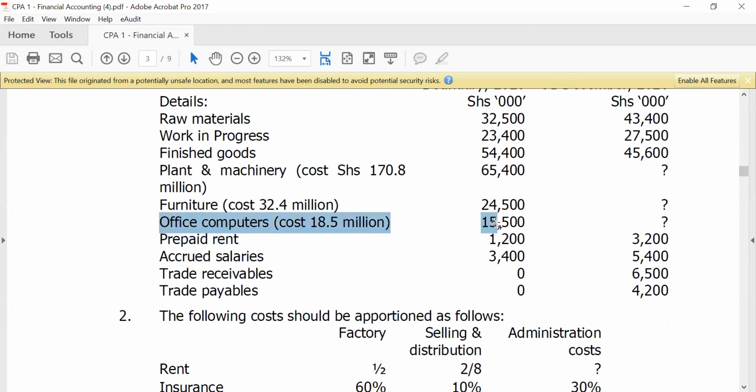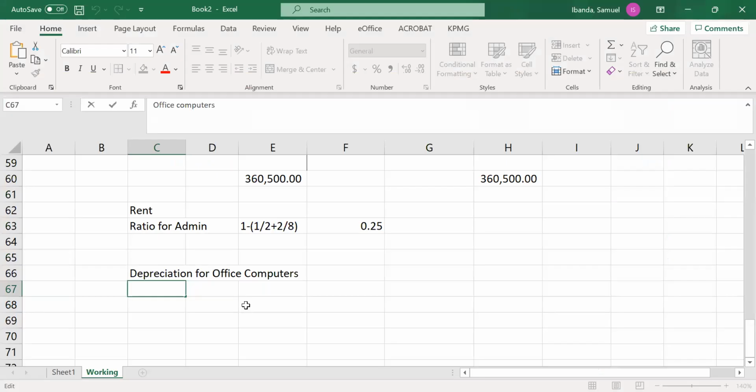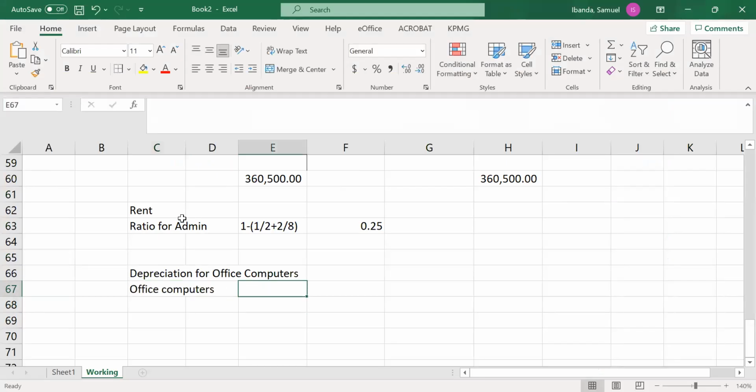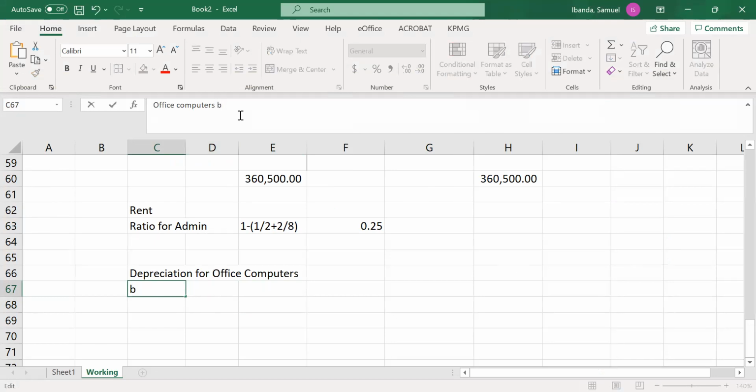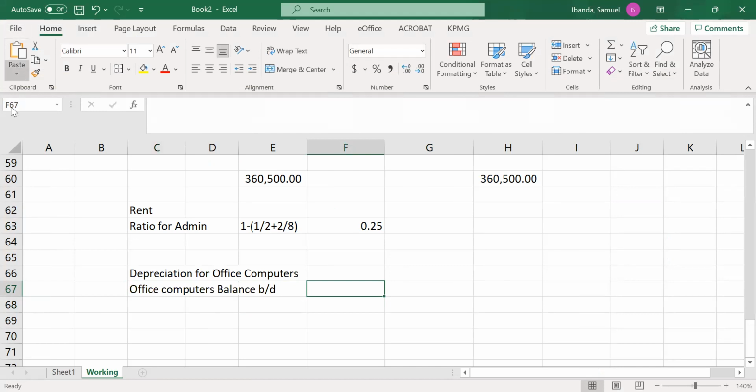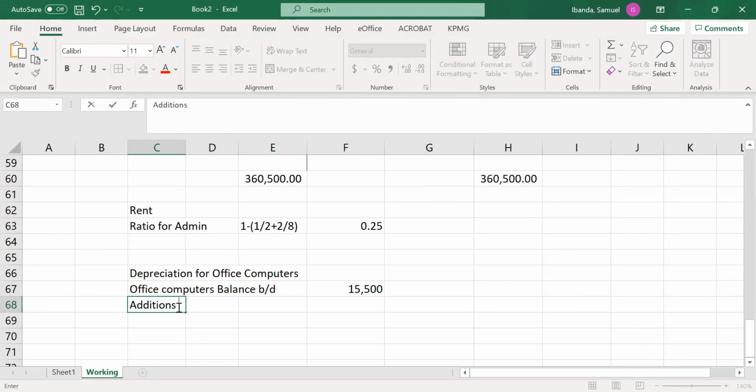So I'll just pick this. So since we are using reducing balance method, remember, this is the net book value for this that we started with. So the net book value here, call it balance brought down. Balance brought down, the net book value is this value. And then we have the so-called additions or purchases.